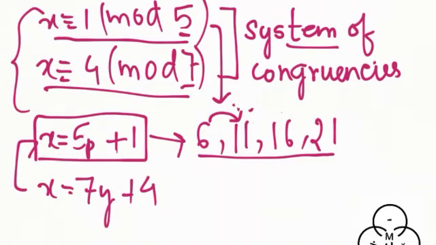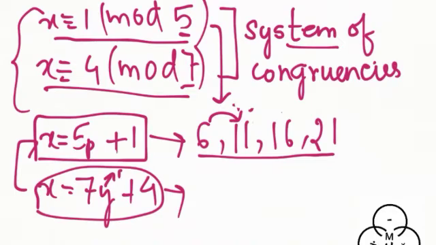Now for this equation, if we put y equals 1, we get 11. Now here we have to add 7. Then the next solution is 18. You can see that if you put y equals 2, then 14 plus 4 is 18.